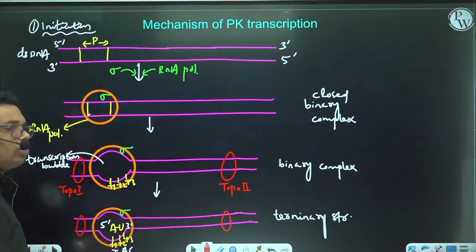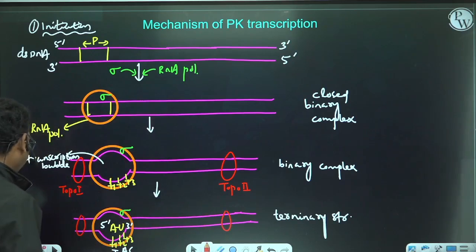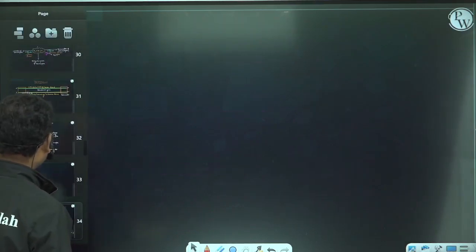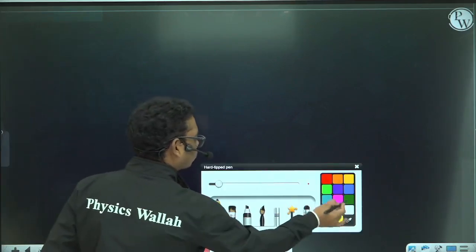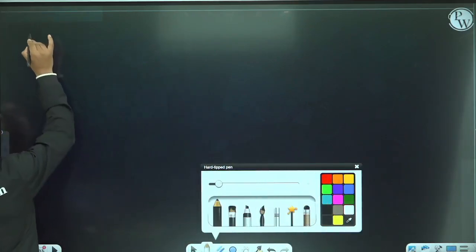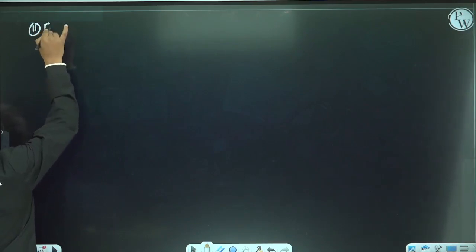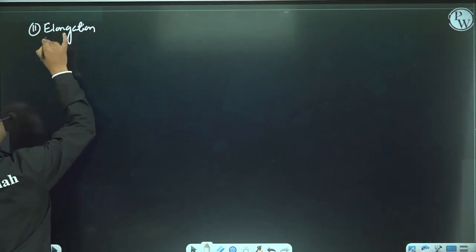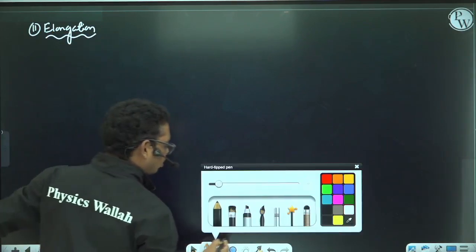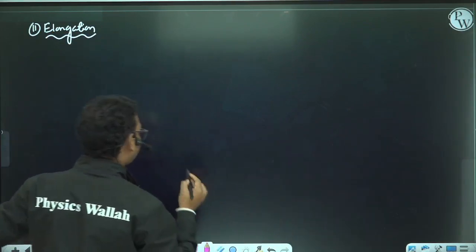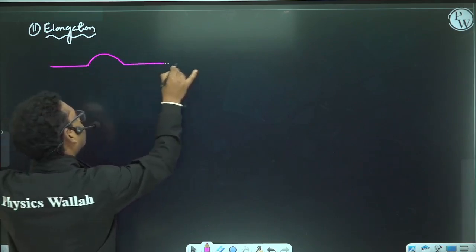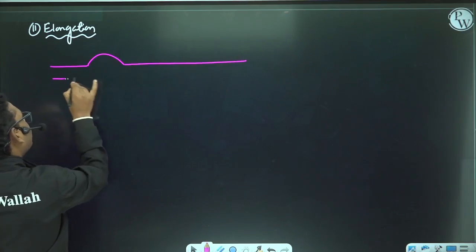Now, what about the elongation phase? In the elongation phase, what will happen? So this is the DNA molecule.